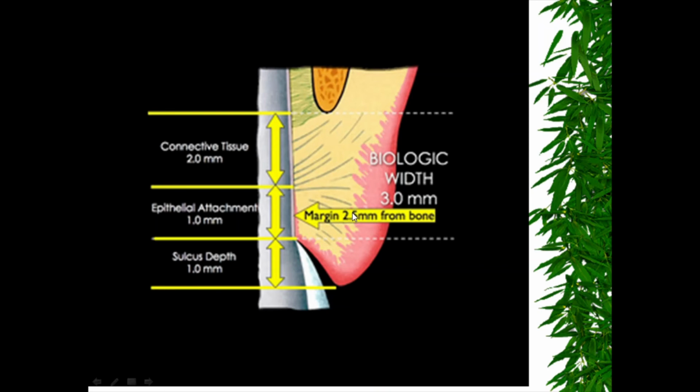So the margin of a restoration, crown or any prosthesis should be a minimum of 2 mm from the alveolar bone. This is known as biological width.